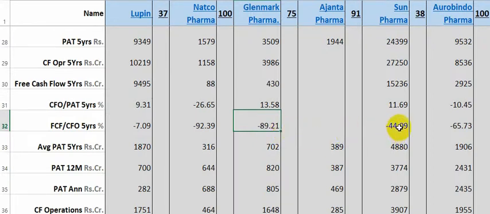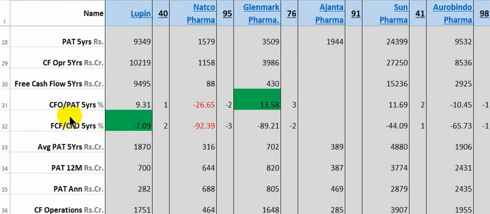Sun Pharma's free cash flow fall is 44%. This is a good sign. Out of 27,250 CR, it still has cash of 15,236 CR. That is, just 44% was invested in the investment activity of the business. Finally, Aurobindo used up 65% of its operating cash in investment activity.